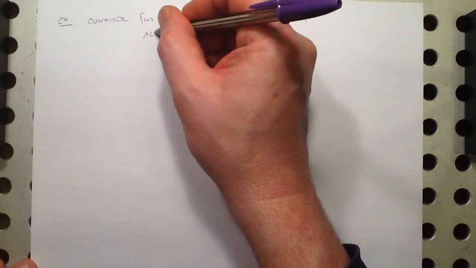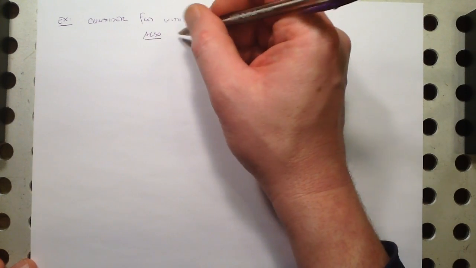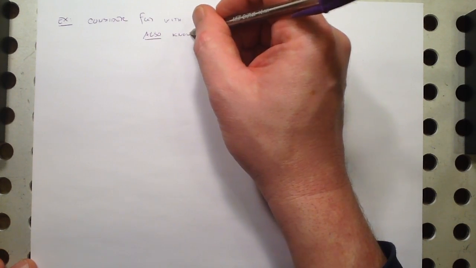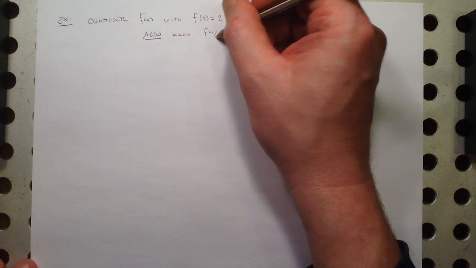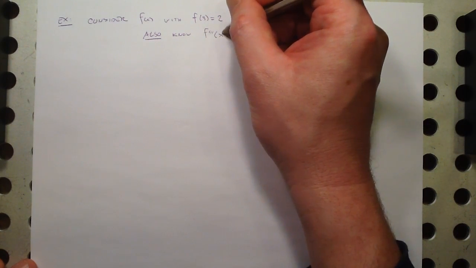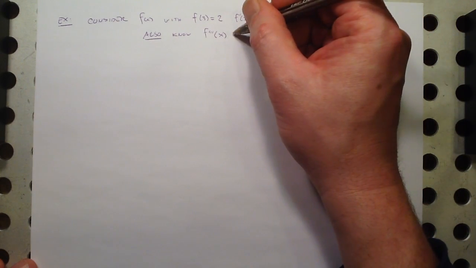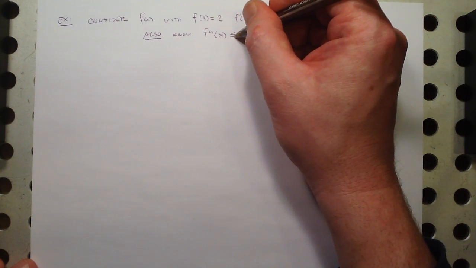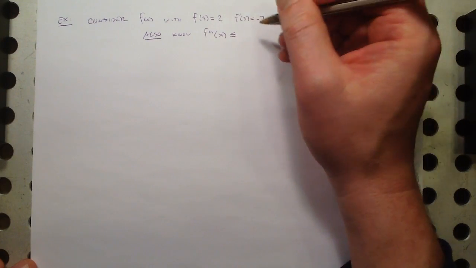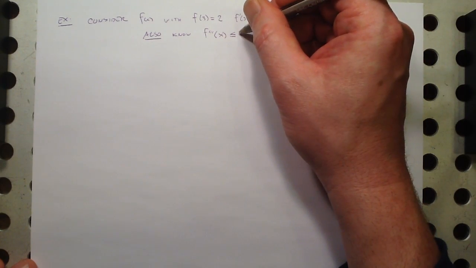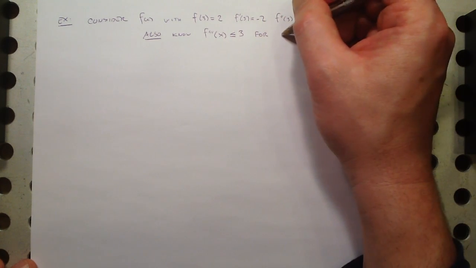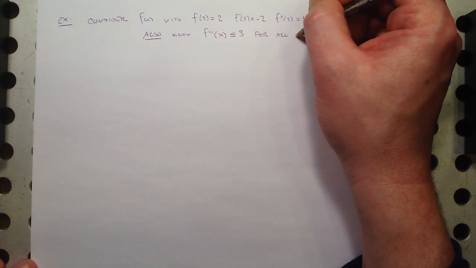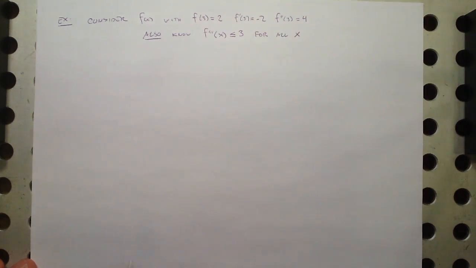And let's say we also know, we just happen to know, because somebody told us, a little birdie, that f triple prime of x, so the next derivative, is less than or equal to 3 for all values of x.